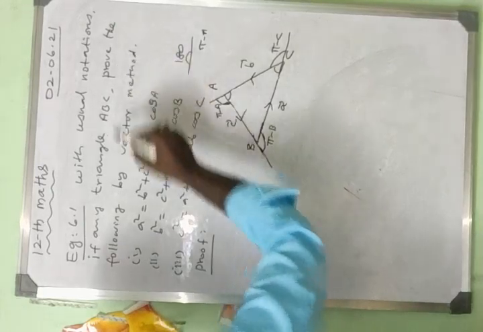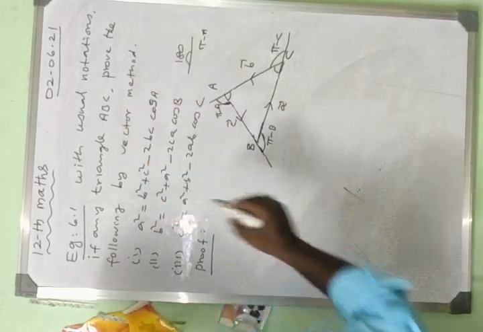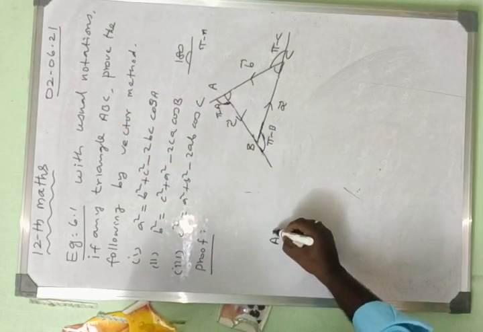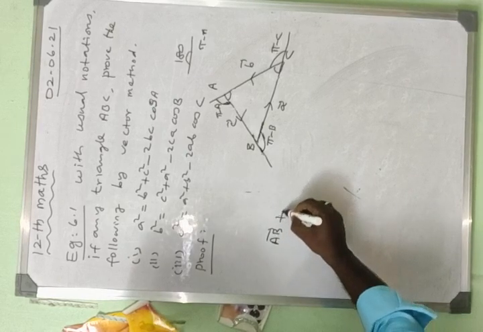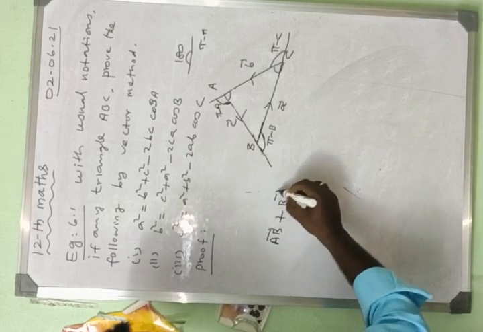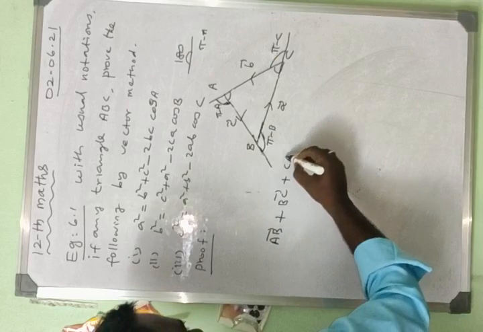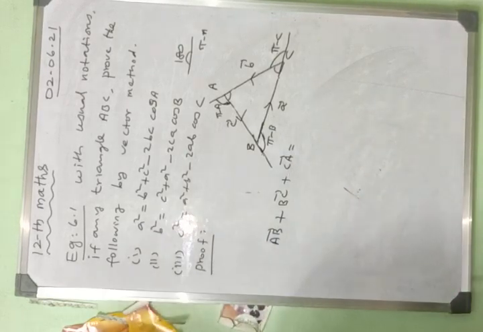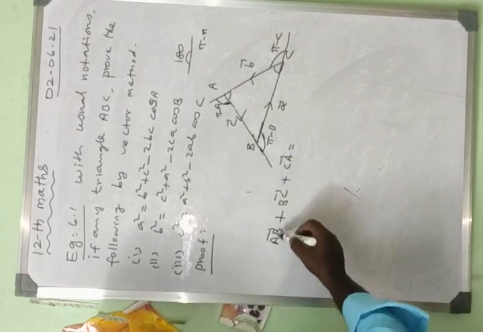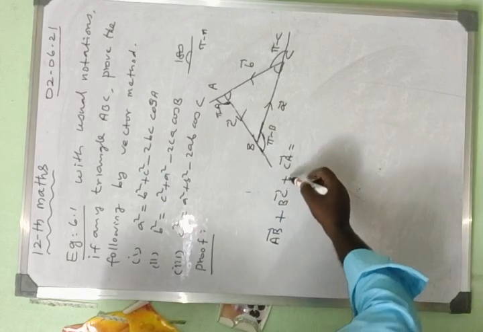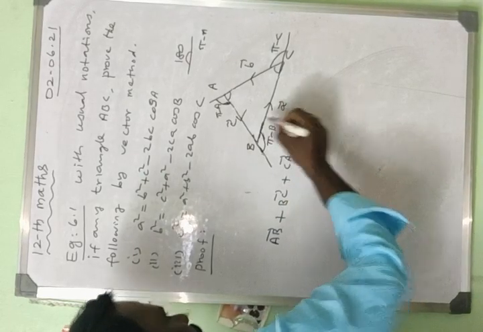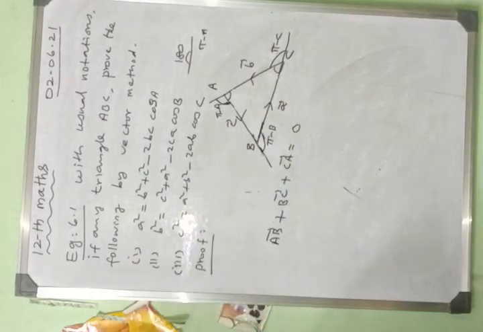Using vector, prove the following by the vector method, means we will use the vector arrow symbol. Vector AB plus vector BC plus vector CA, adding all sides, equals 0, which means this is a triangle.